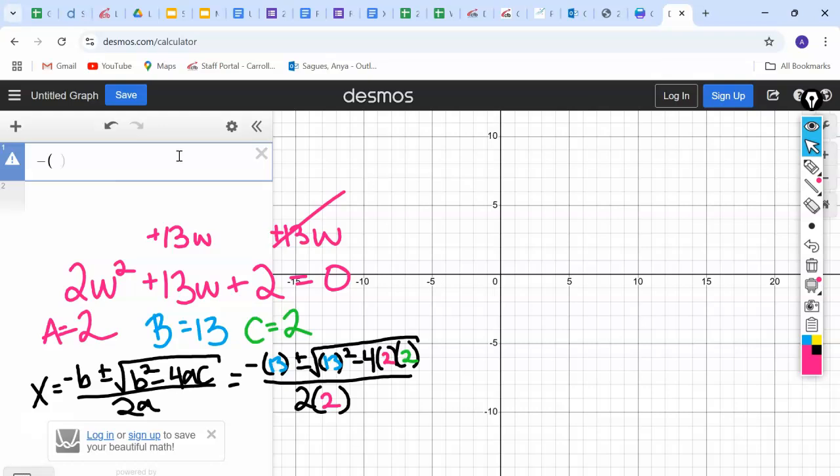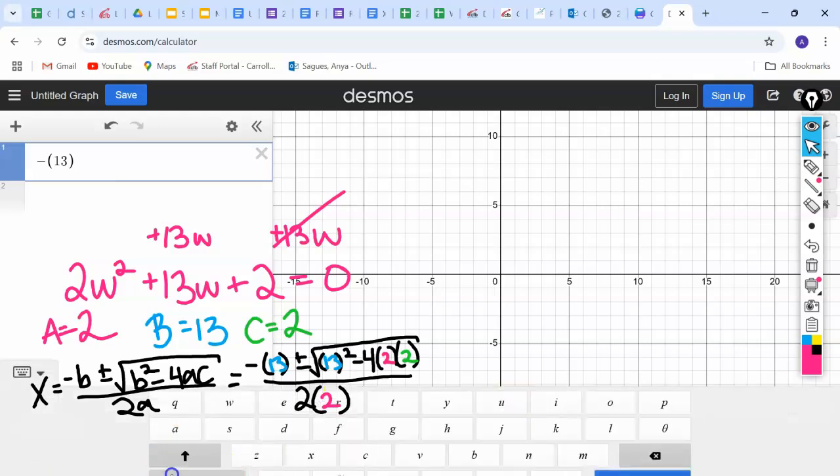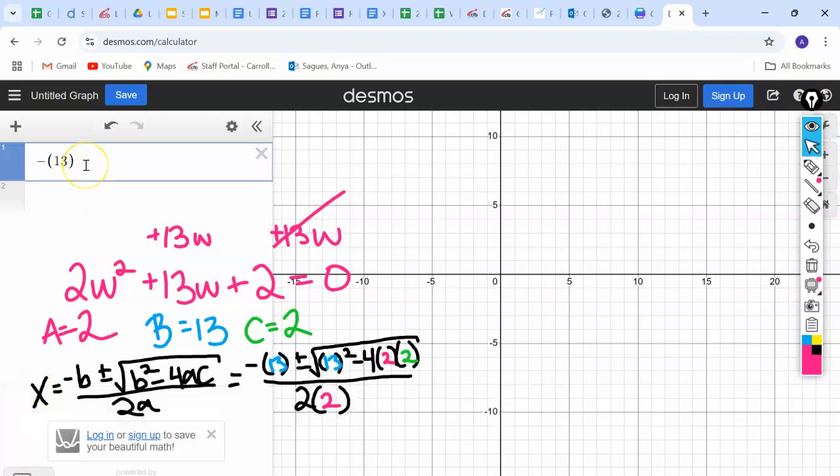So I do negative parentheses 13. Now, this plus or minus, there is no option for this in Desmos. Nowhere are you going to find a plus or minus sign. So what you have to do is you have to make two different lines.